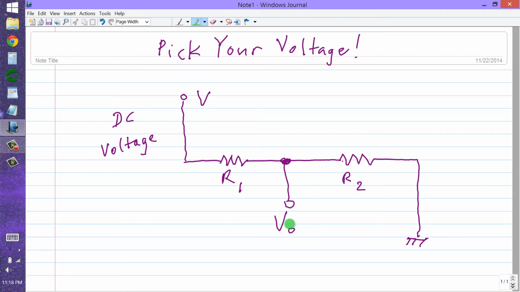Now, the important thing to consider about this point right here is that this whole scenario applies to a no-load situation. That means that whatever you connect to this point right here has to have such a high internal resistance that it isn't going to disrupt or weigh down this circuit very much.